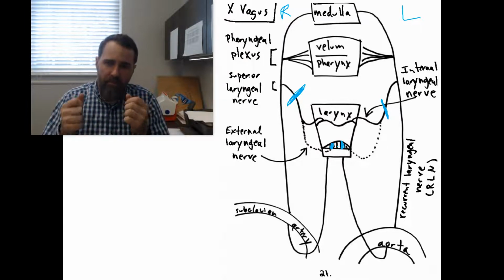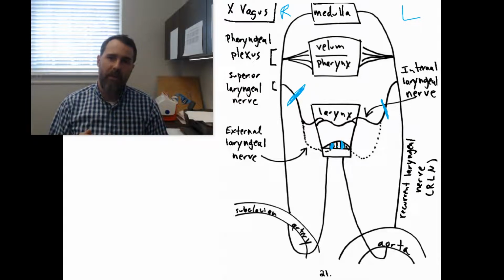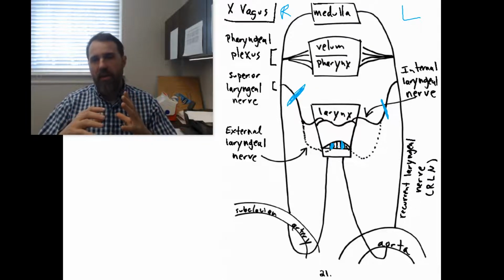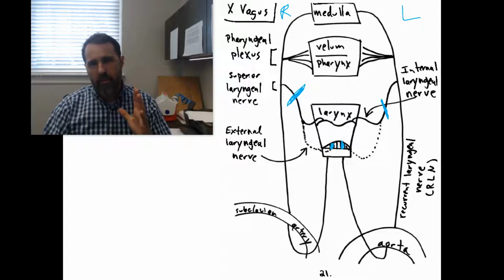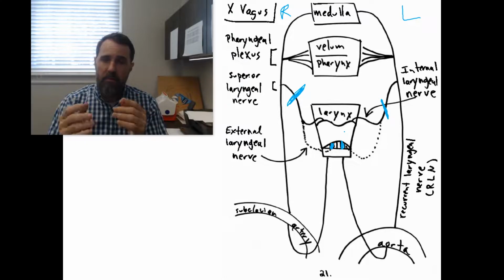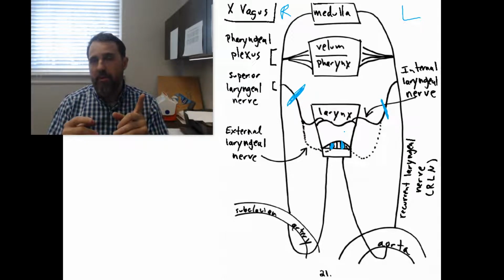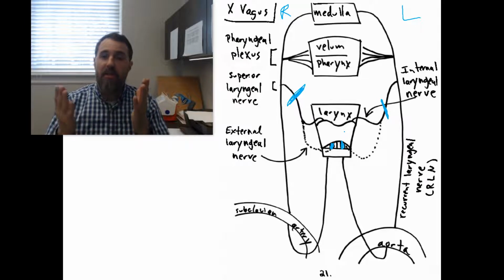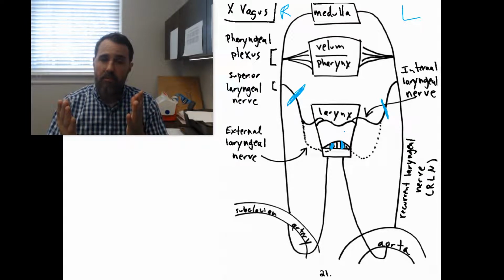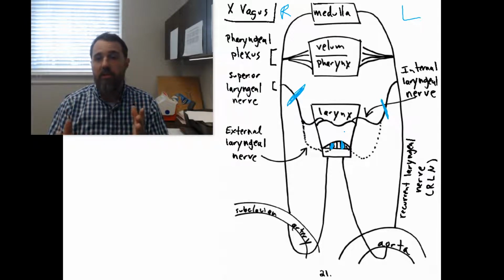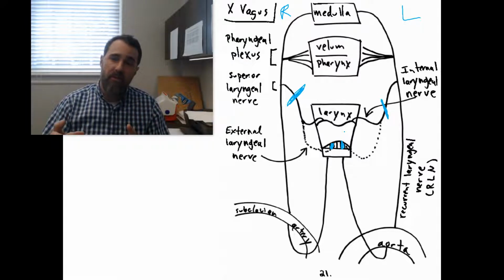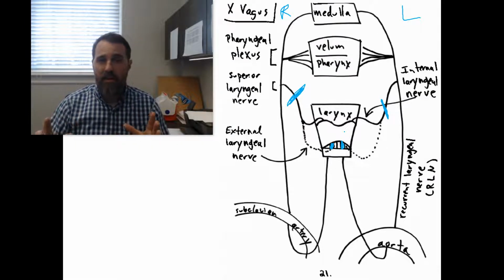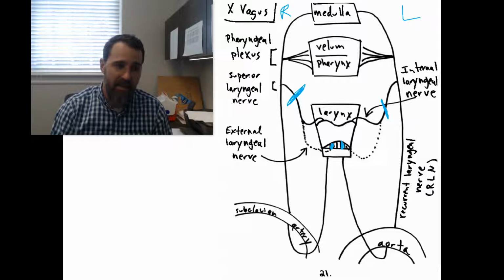But if both sides of the cricothyroid are not working, then your voice is going to be extremely monotone. And that monotone, that is the result of bilateral flaccidity to the cricothyroids, right and left, which is the result of lesion to the SLNs, right and left, would be considered a flaccid dysarthria.